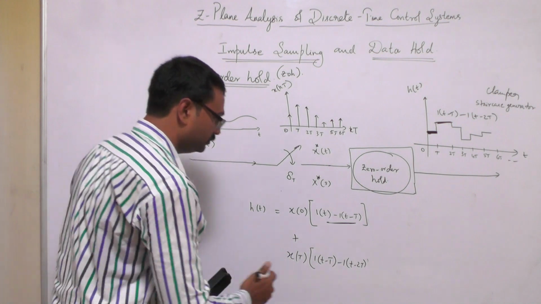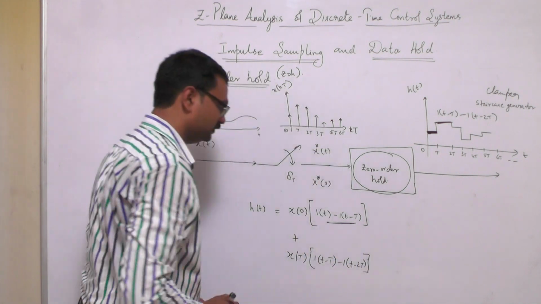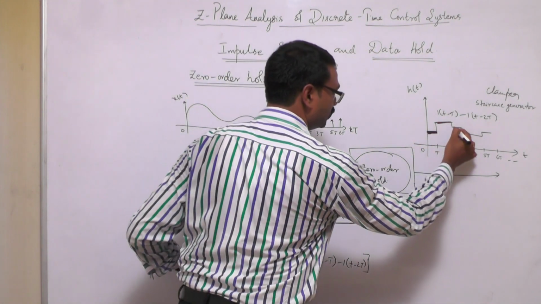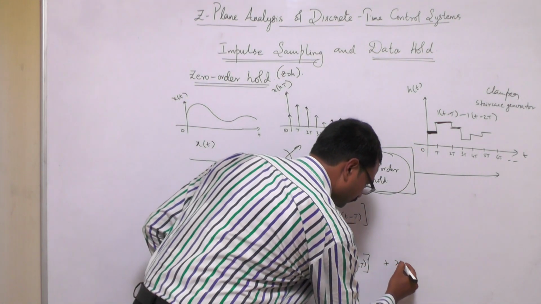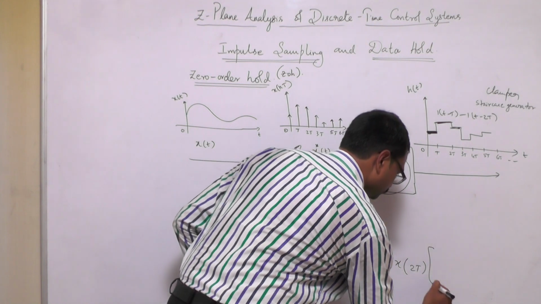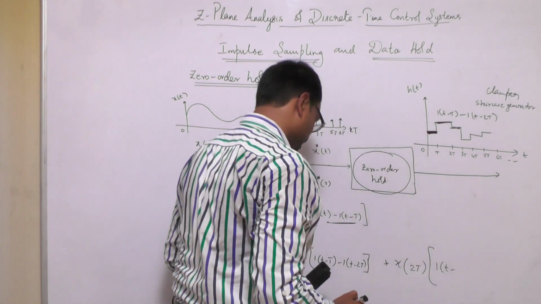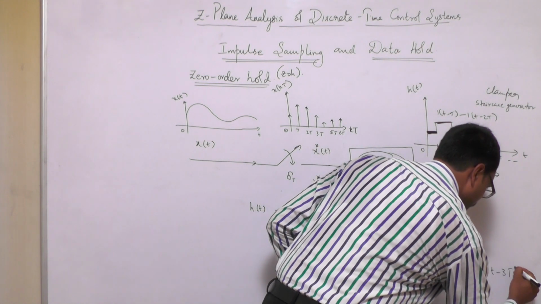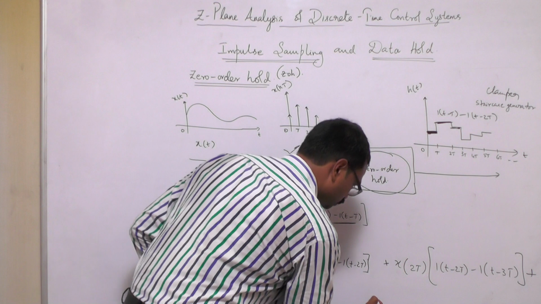Right. So you have x(0), and you have these two signals. Now what is the third signal? You can say x(2T) into 1(t minus 2T) minus 1(t minus 3T) plus so on.